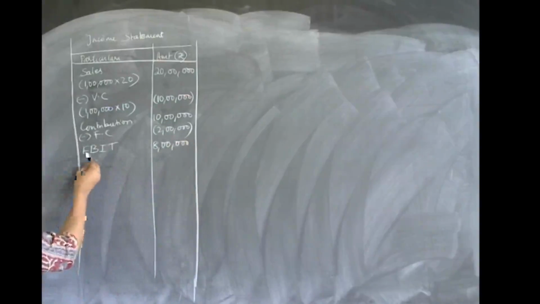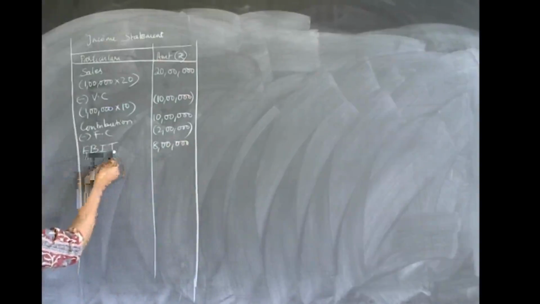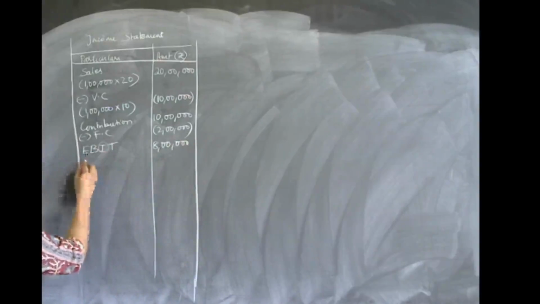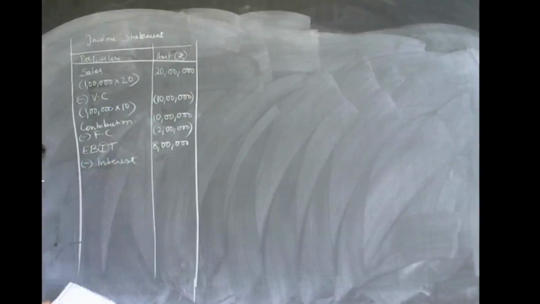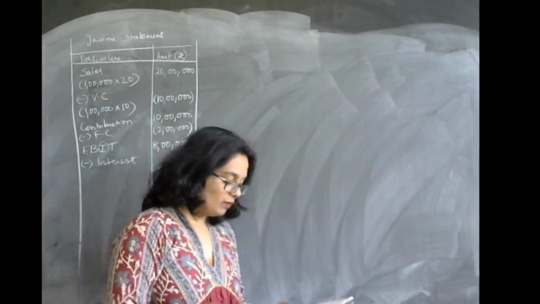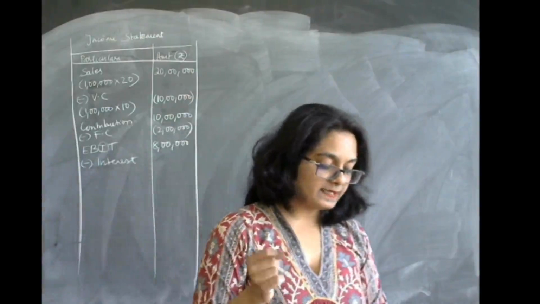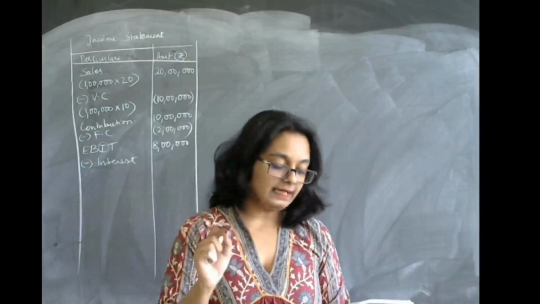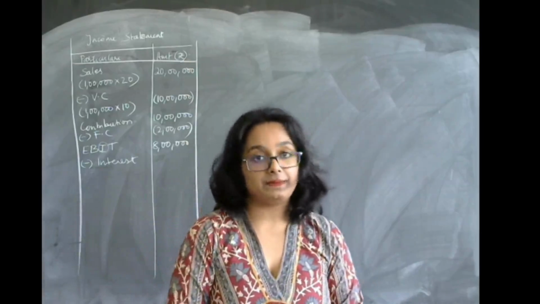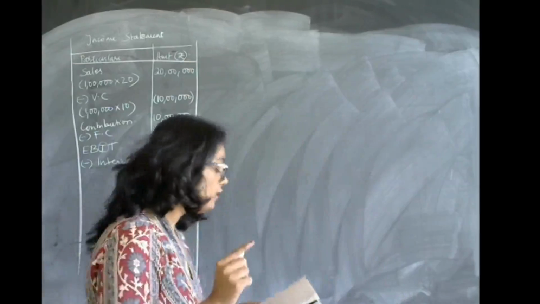Now earnings before interest and tax. So now we will take interest, minus interest. What is given to us? They have said that there is a debt capital of 10 lakhs and it is 10% debt capital. So what is going to be your interest?